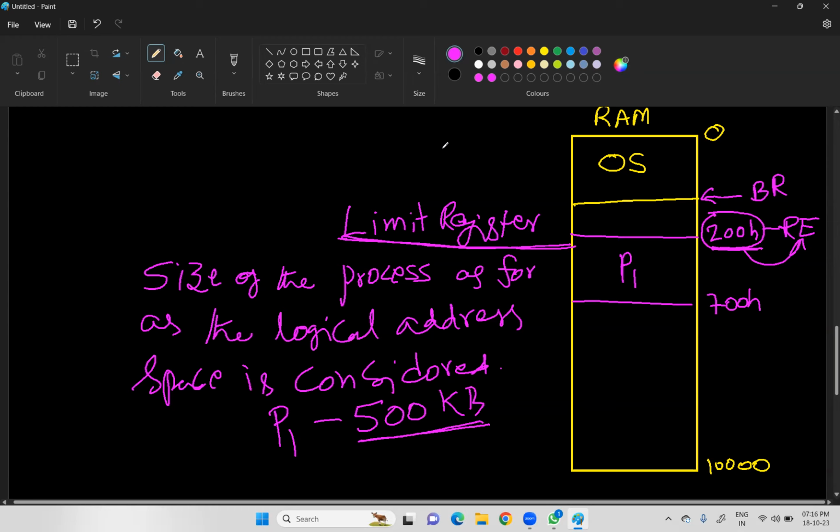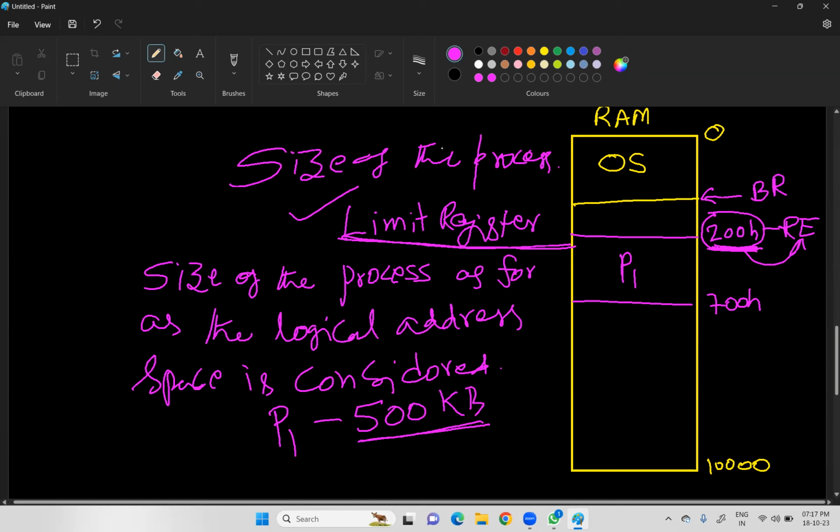So the limit register value should be the size of your process, whereas the relocation register's content will be straight away the address of the physical memory.